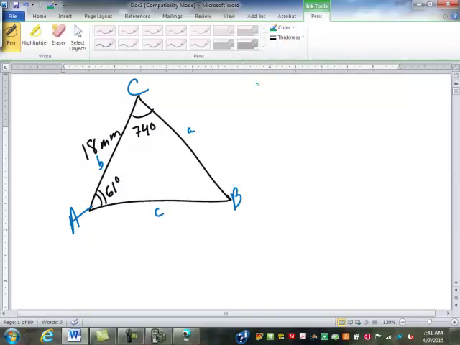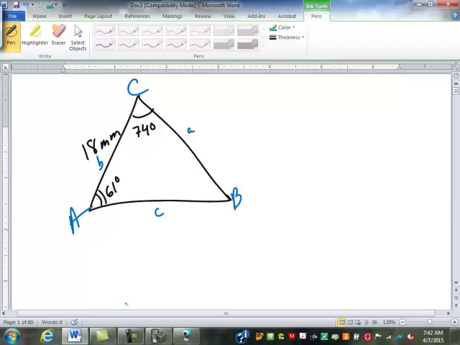From there, what do I do to solve this triangle? When I'm asking you to solve a triangle, I'm asking you basically to find all of the missing pieces of that triangle. Now remember, to use the law of sines, what must we have? We must have a side and the opposite angle.